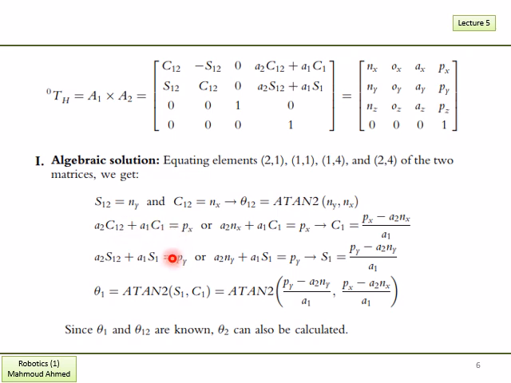From this relationship, a2 multiplied by nx plus a1 cosine theta 1 is equal to px, as nx is equal to cosine theta 1 plus theta 2 from the previous step. From this equation, we can find that cosine theta 1 is equal to px minus a2 nx divided by a1.